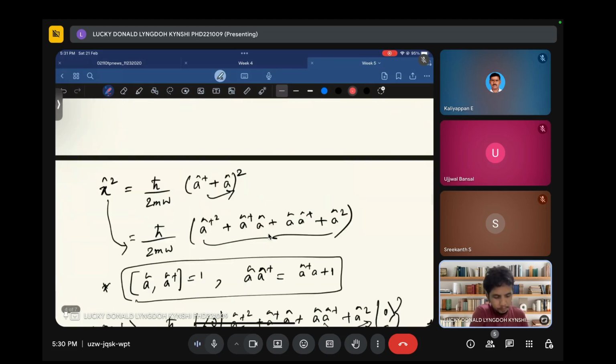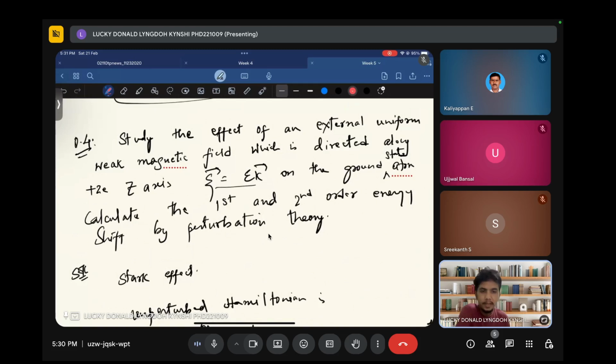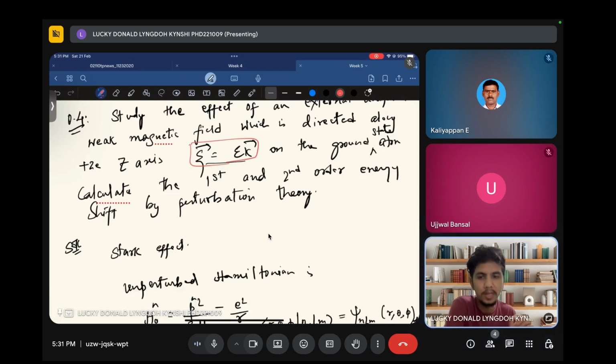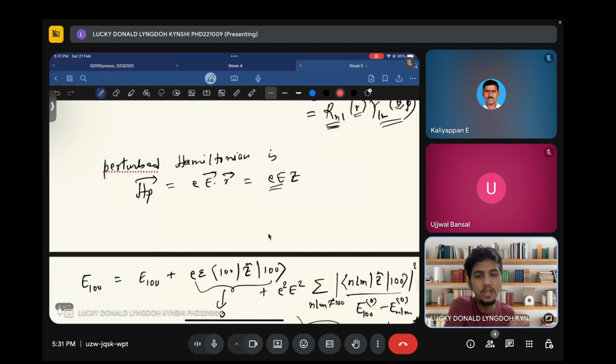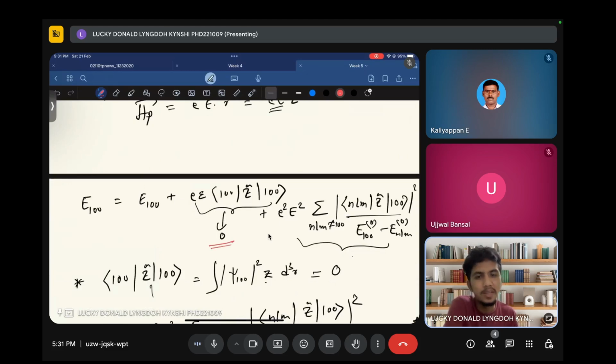The second is question number 4, which is perturbation theory again, where a hydrogen atom is subjected to a weak electric field given by this equation along the z direction. Instead of simply getting an energy term which you already know for a hydrogen atom, it will not be like that, because there will be a dependence on the electric field. This electric field is very weak, which is called a perturbation. So we need to solve for the correction term to the energy state of a hydrogen atom. The first order correction term is equal to 0.